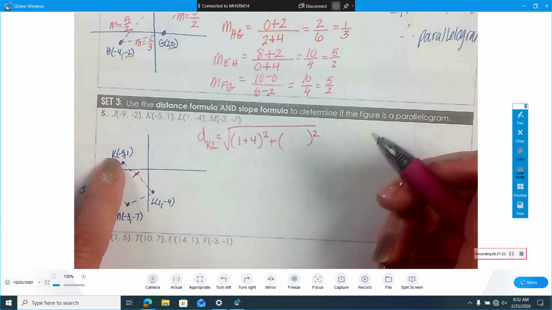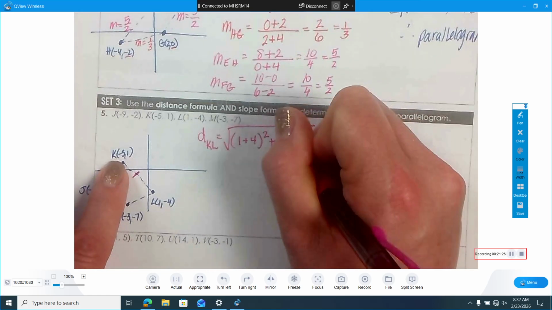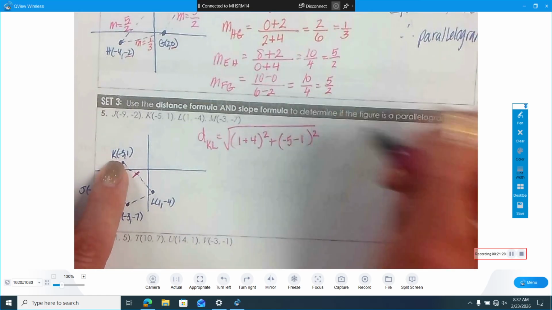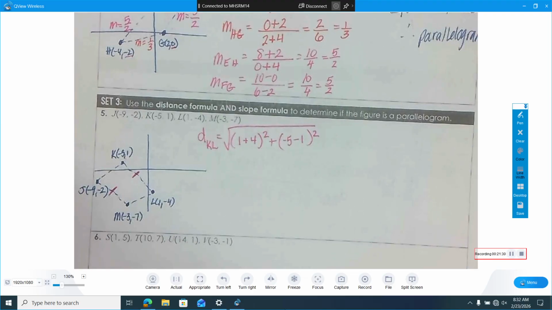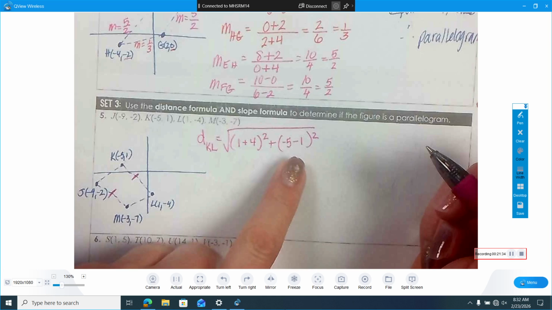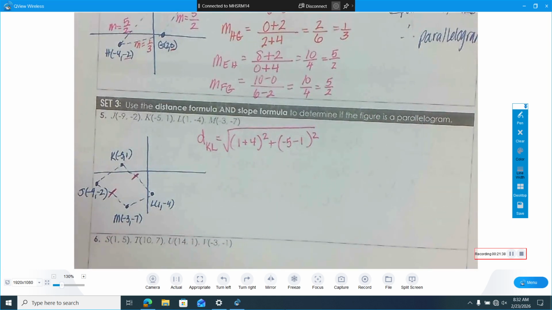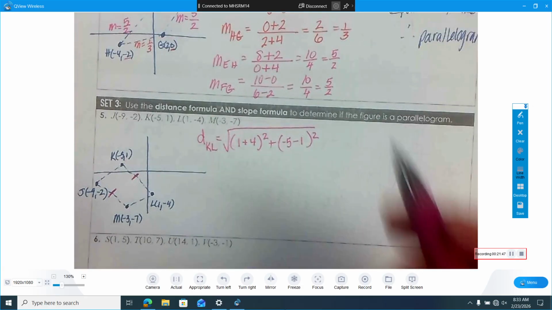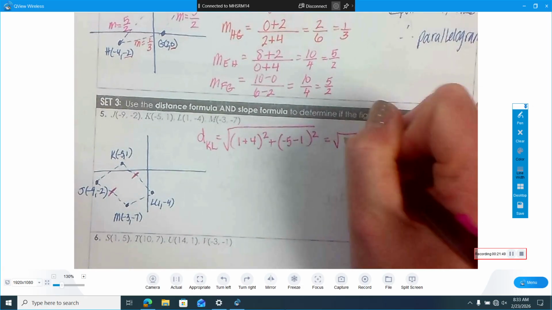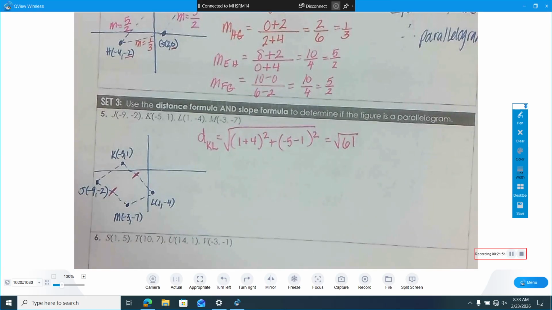And then x's: negative 5 minus 1. Let's see, that's 5 squared plus 36. 25 plus 36. That's 61? Square root of 61. Does anyone else get that?